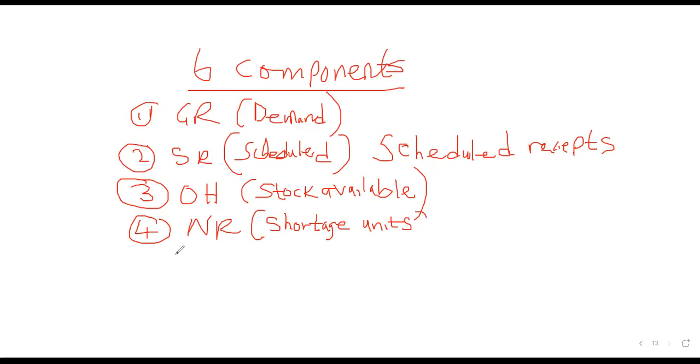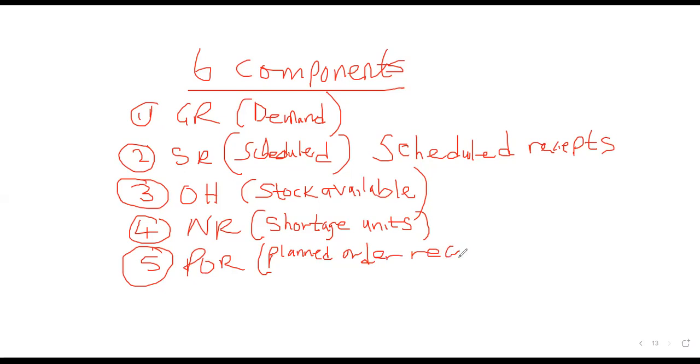Then we have the planned order receipt. Just write in short form, POR, planned order receipt. And then the other one is planned order release.